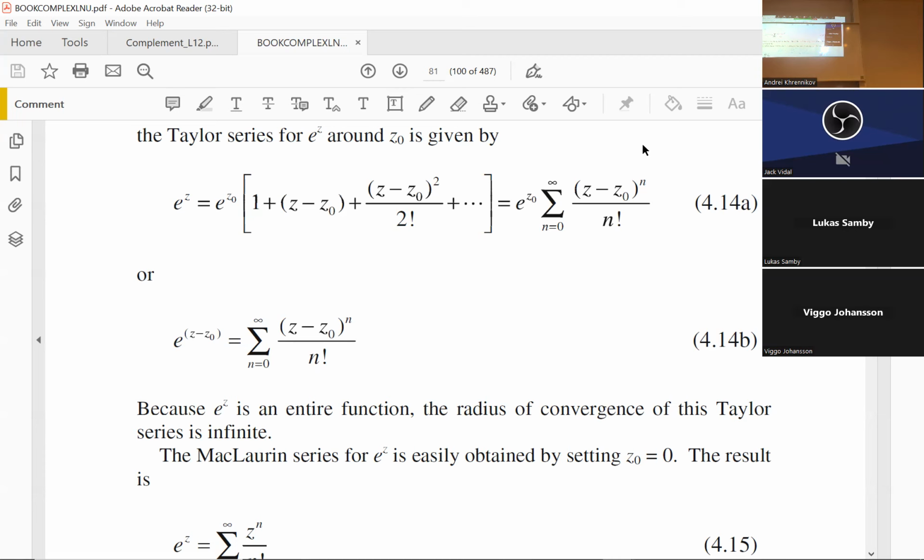Have you seen in usual analysis the comparison of how a to the degree n and n factorial go to infinity? This is much more powerful. So this exponential series converges for any a.